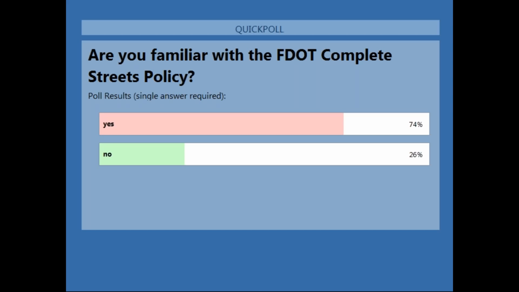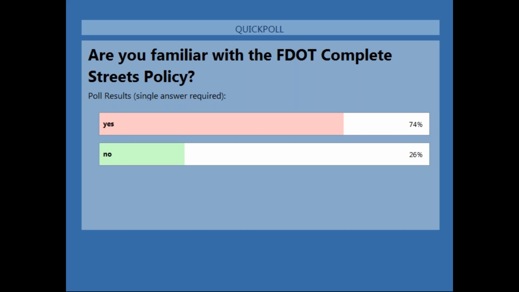Most of you do know that back in 2015, the Florida Department of Transportation made a commitment to design its roads in such a way to be more consistent with the context through which that road was going, that we would not under most circumstances try to design something for 45 miles an hour when it's going through a small downtown, for instance.